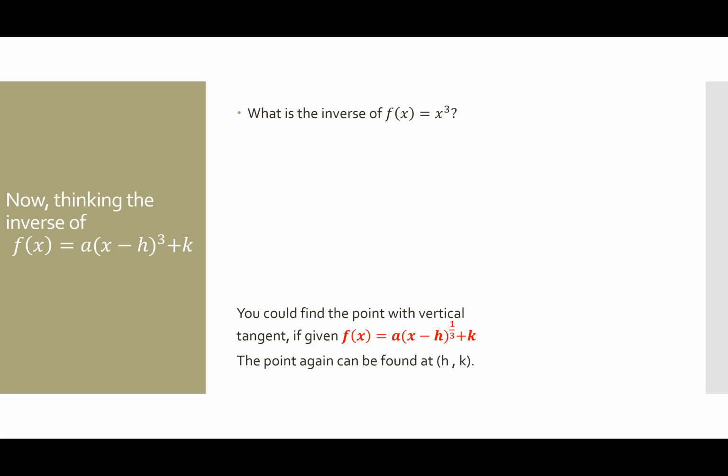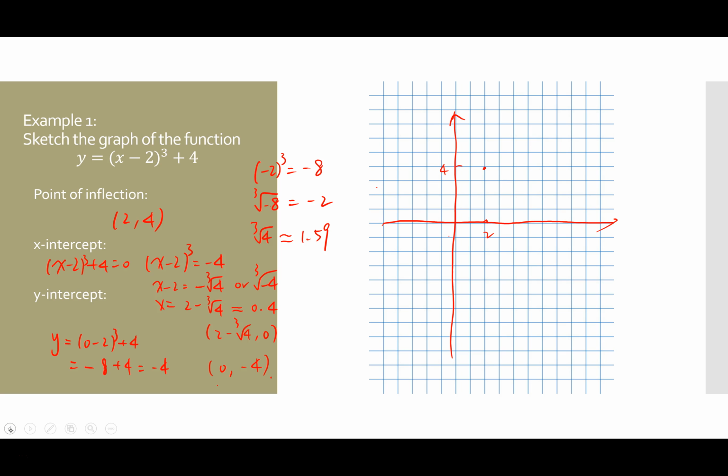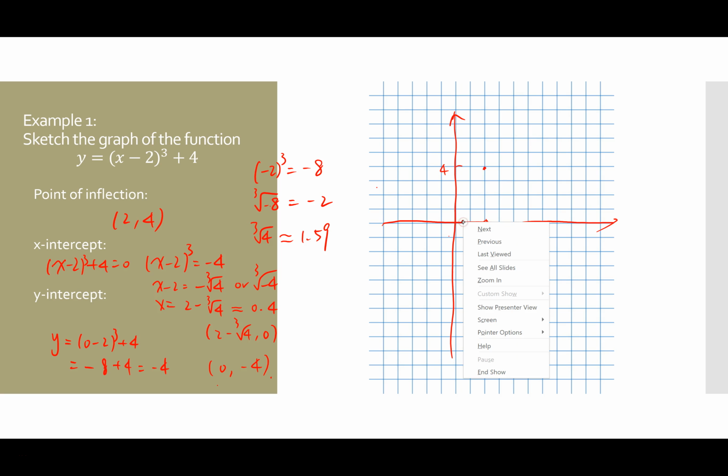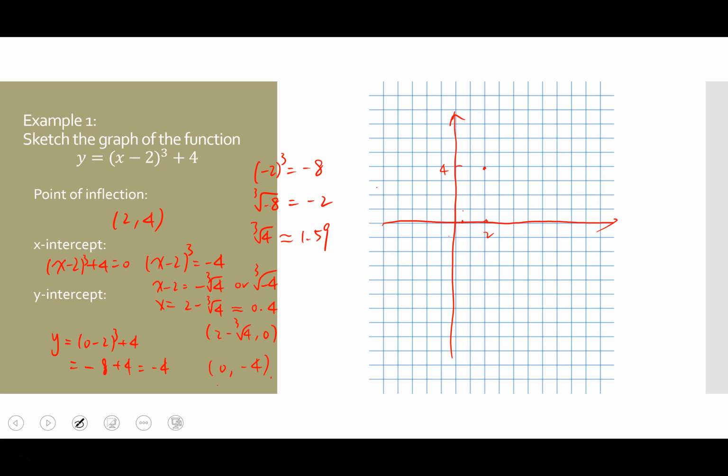Then your x-intercept is at y = 0, about 0.4, somewhere around here. The coordinates for this point are (2 - cube root 4, 0). Then for the y-intercept, it's (0, -4), so it's going to be here. Now we are pretty much able to sketch the graph.